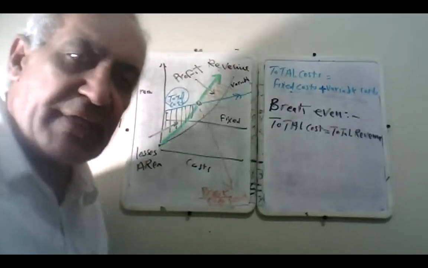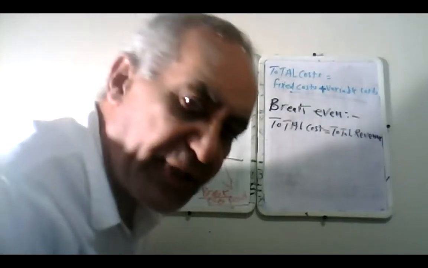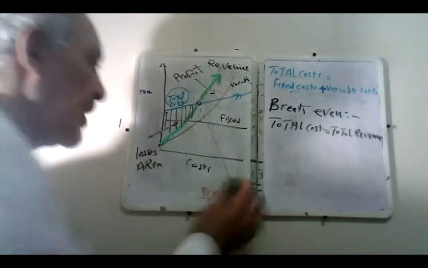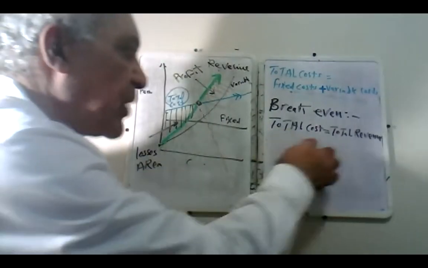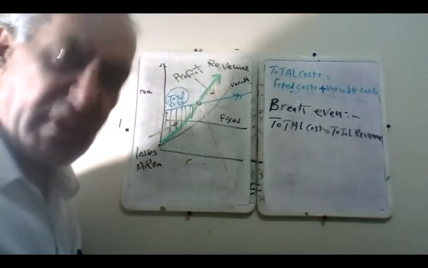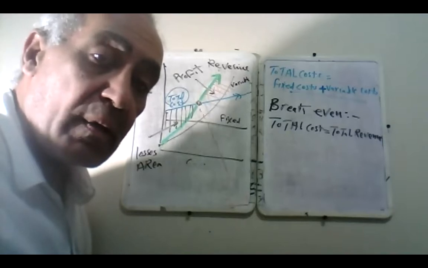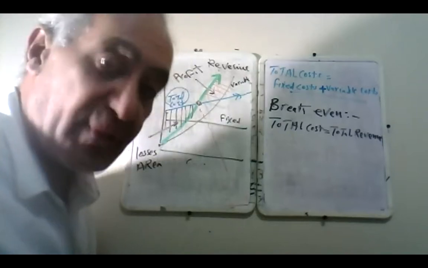You do not need the drawing, it's just for me to explain where it came from. What you need to know is that at this point the total costs equal the total revenues, where there is no profit and no loss.